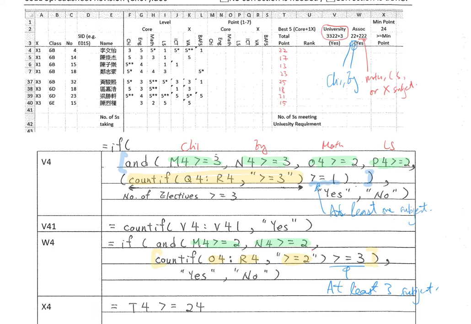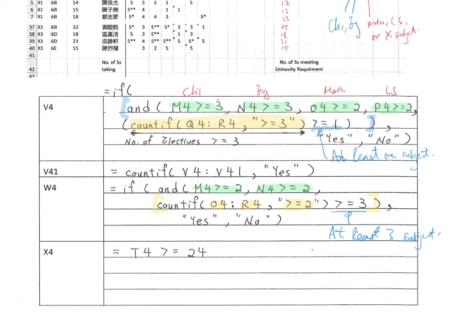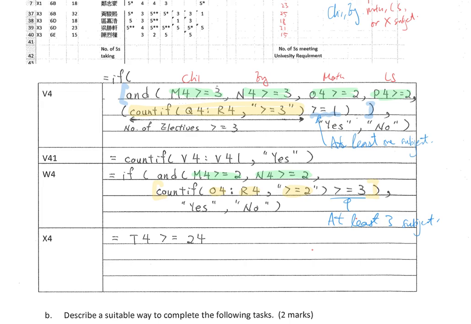The function is easy: if it just shows true or false, then it will be T4 greater than or equal to 24. If yes or no should be shown, then we should add IF. So that is the formula inside all the cells.